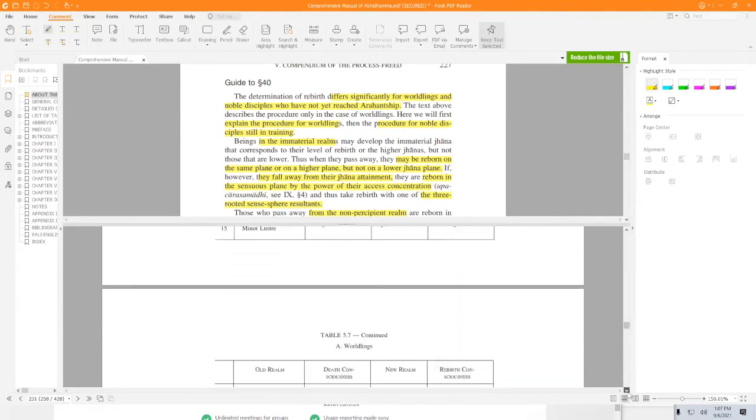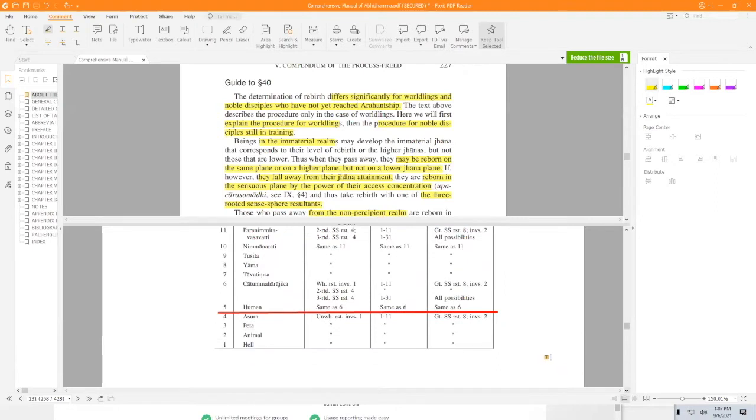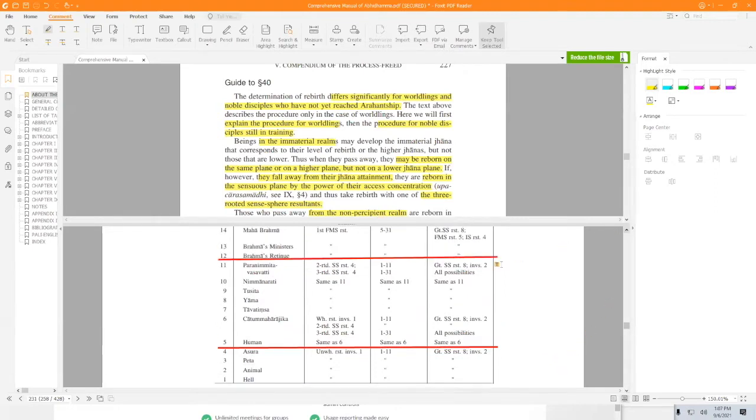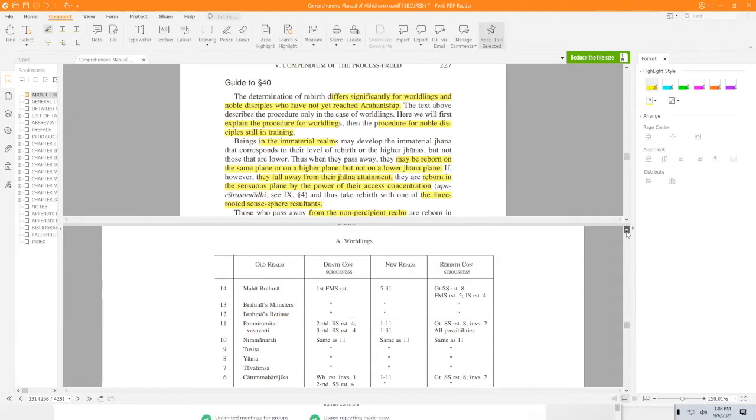So in terms of their plane of rebirth, it's from planes 5 to 11. They could be reborn back in the human plane or in any of the 6 sense sphere heavenly planes. And when they come back into these planes, they will have 3 good roots, 3 beautiful roots.